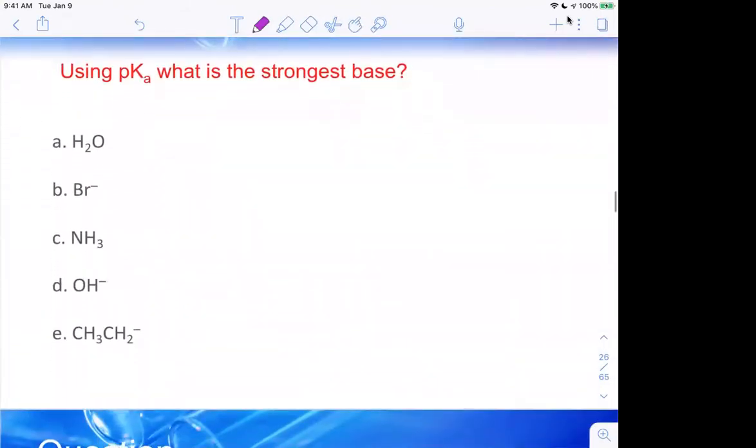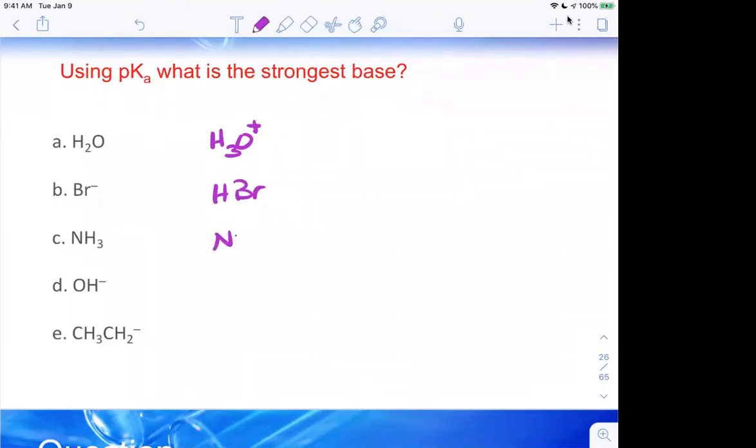Now, how can I do this where I'm looking at using pKa to find the strongest base? Well, what I want to do is think about the corresponding acid to these. I need to think about H3O plus. I need to think about HBr.